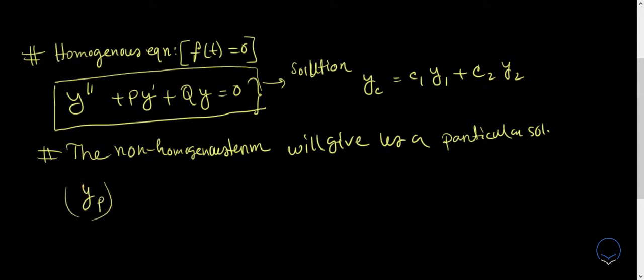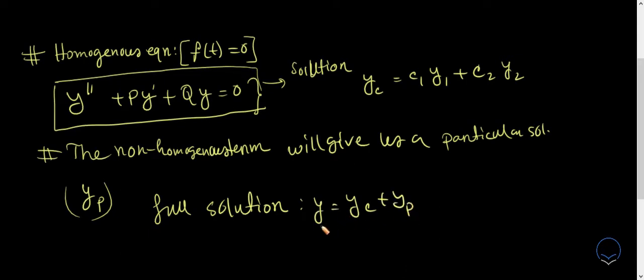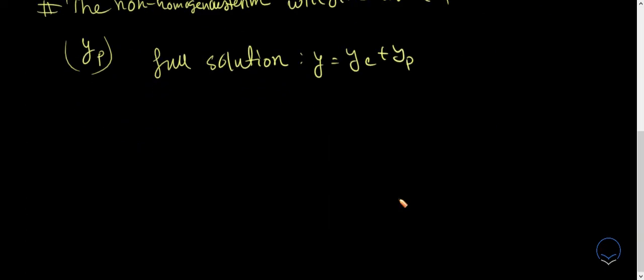This is our particular solution, and the full solution to the differential equation will be yc plus yp. Our main goal is to identify this yp with the method of variation of parameters. So let's now dive into the theory, and we'll see an example in the next video.